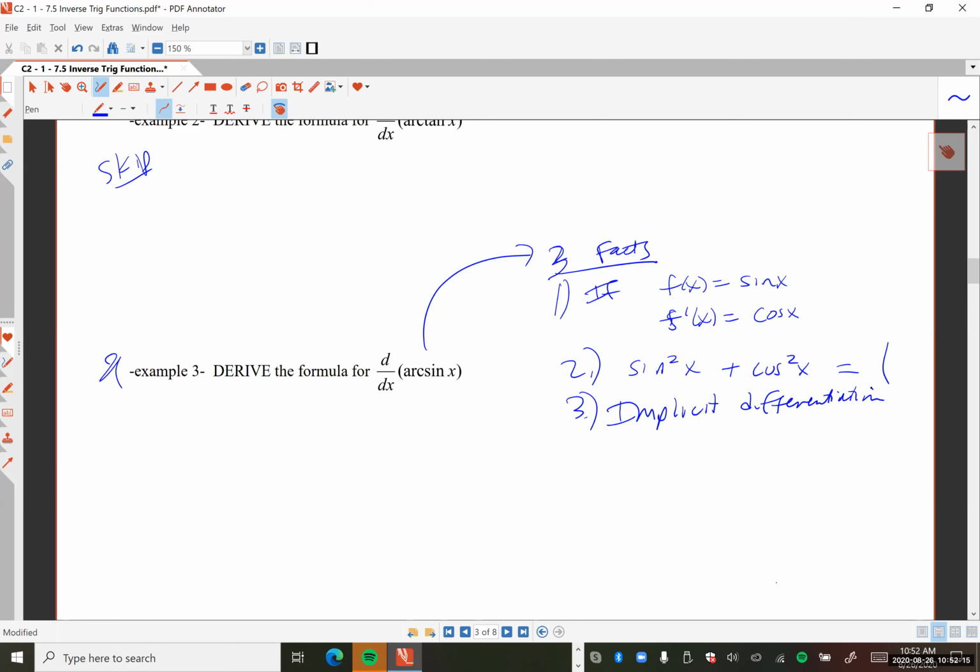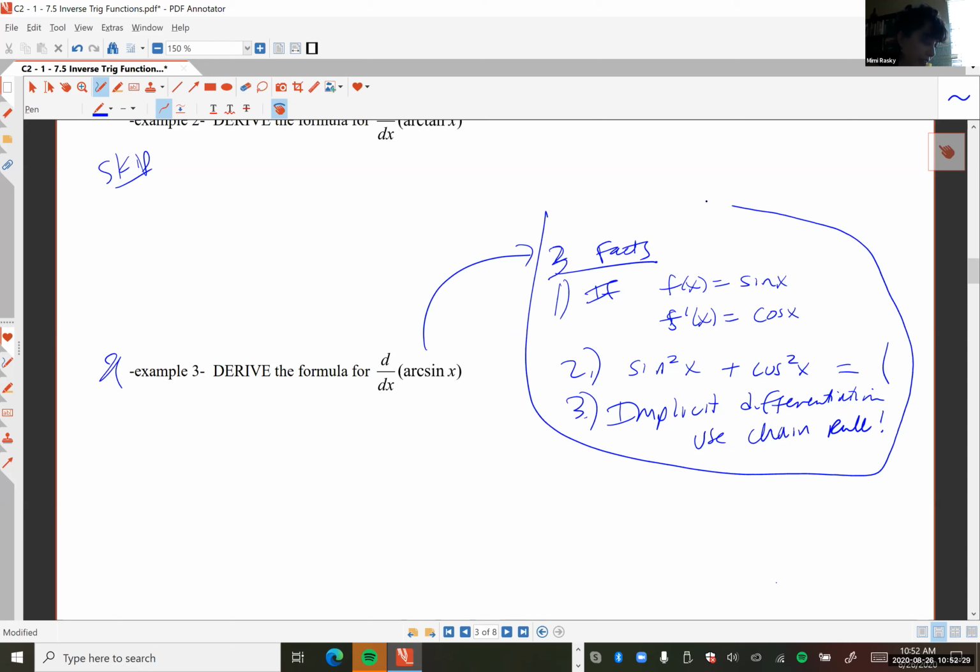Yeah, and what you did is you used the chain rule. Anytime you took a derivative of something that had the y in it, where y is a function of x, you had to use the chain rule and drill a little deeper. So all three of these are going to help me derive the formula for the derivative of arc sine.